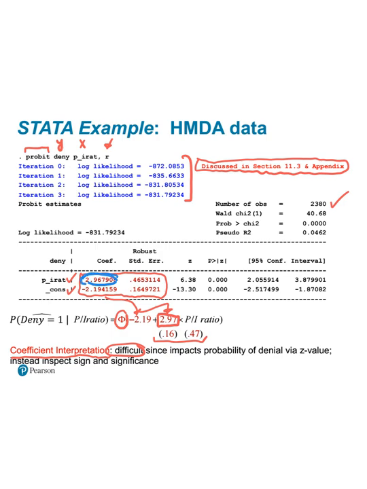So what we can say is that increasing the PI ratio has a positive impact on the likelihood of being denied a loan. Or said in a different way, the PI ratio positively impacts the denial probability here. And it indeed is significant. The p-value is going to be 0.00. The z statistic right here is going to be 6.38. So we have a significant independent variable.